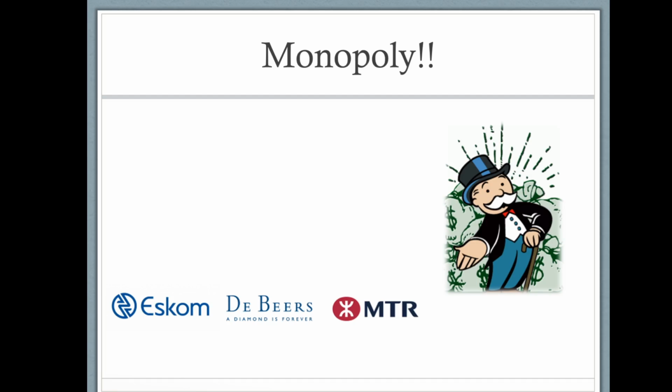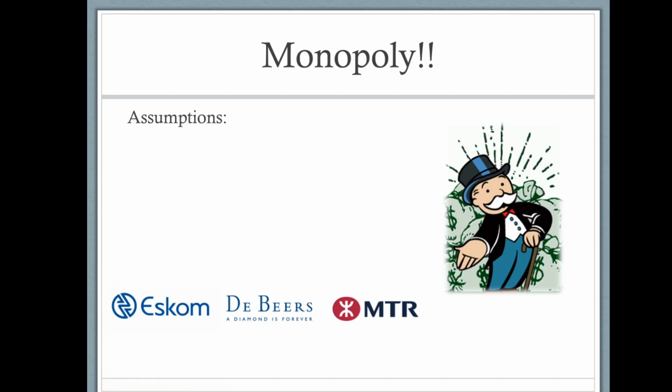Barriers to entry, because no one can get into the market, and that's why you are the only one selling that particular good or service to the people. So let's use that as the assumption.